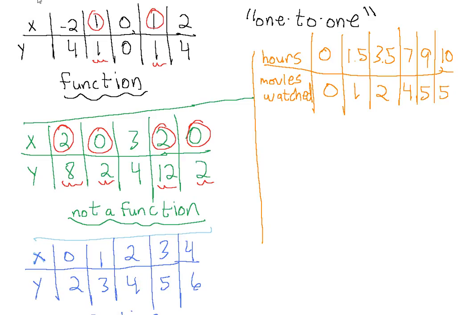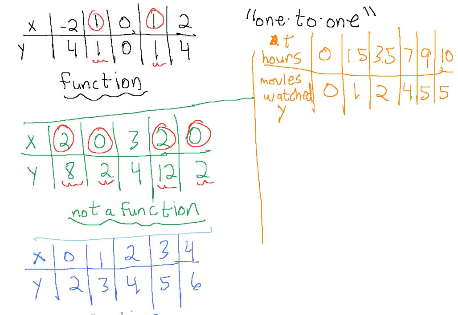Okay, so the first thing we want to look for is if any of our x values appear more than once. This is our x values, and this is a table of our y values. We're just defining our variables as hours and movies watched. We can also call our x values t, because we're talking about time here.